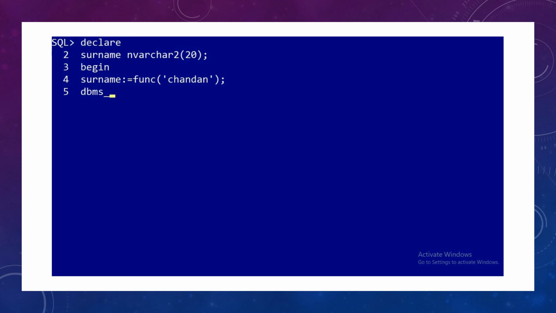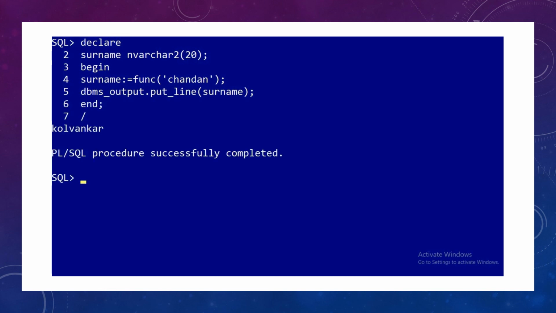DBMS_OUTPUT.PUT_LINE, and I'm giving surname. So let's display the value that we get, end the block, and see what output we get. So the output is Kolvankar, that is for name Chandan, the output is Kolvankar.